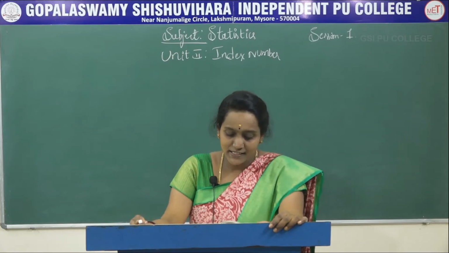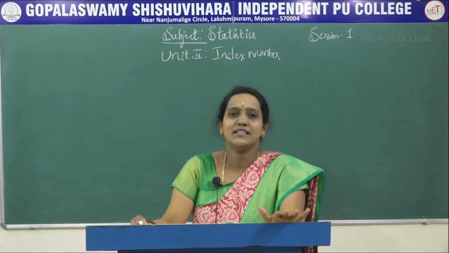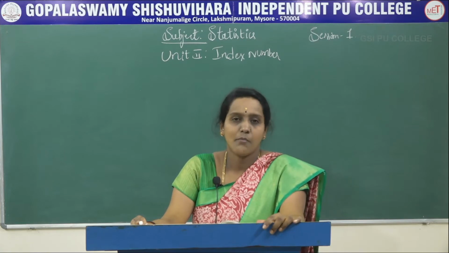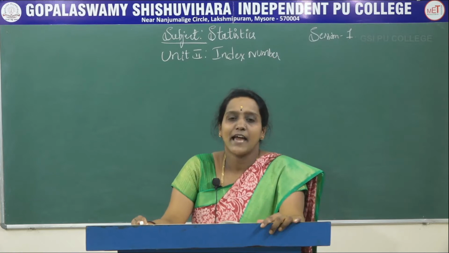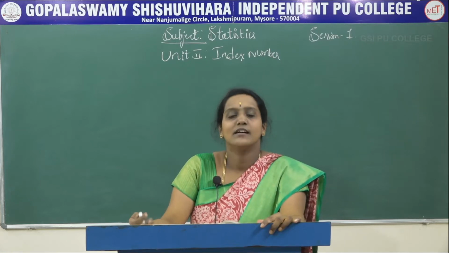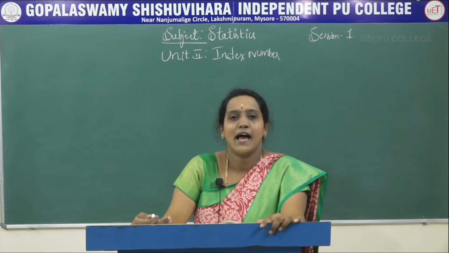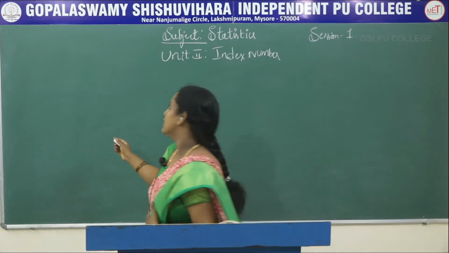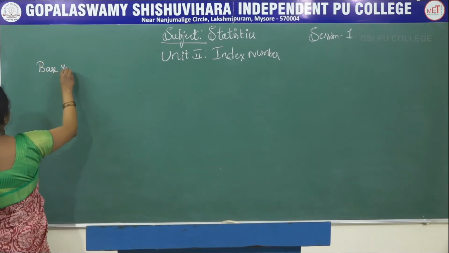In index number, usually we will see the fluctuations in the economy. That's why it is called an economic barometer. And this economic barometer can be predicted using the base year, that is past year's data, and we can predict this for the future.